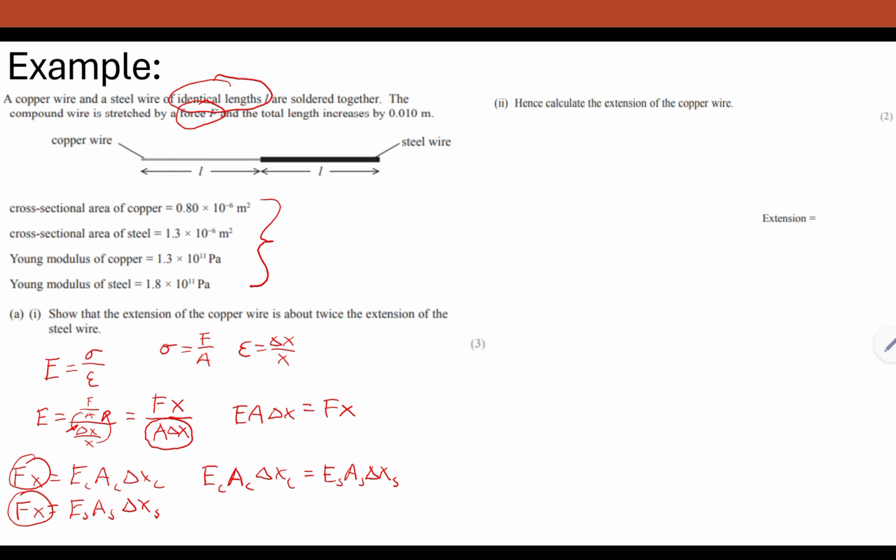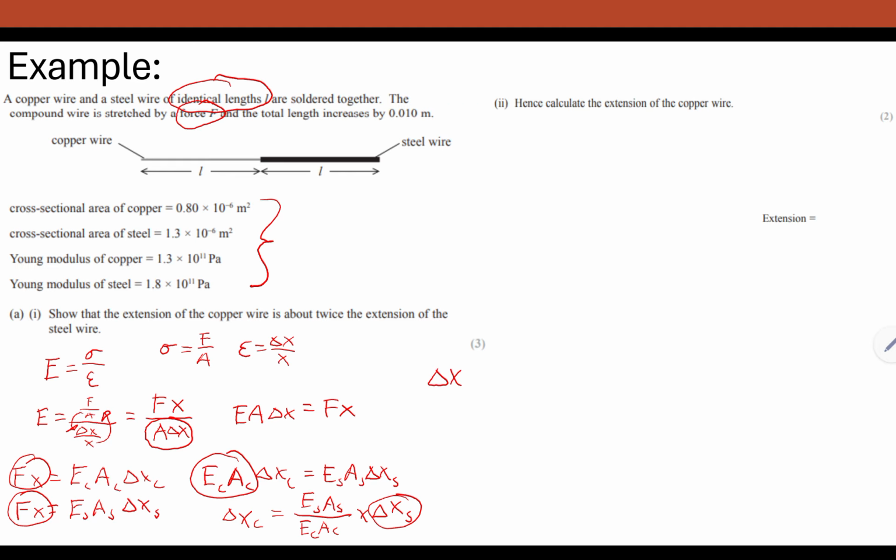So we divide both sides by E_C A_C, so we get change in x_C equals E_S A_S divided by E_C A_C, multiplied by change in x_S. Now we just divide both sides by the change in x_S, so we're left with this equation.